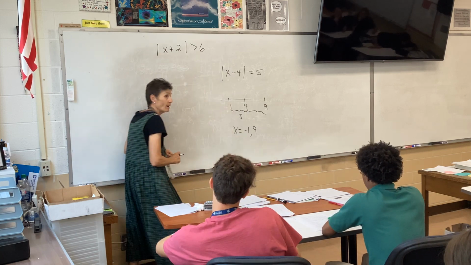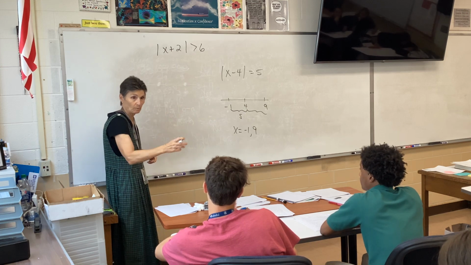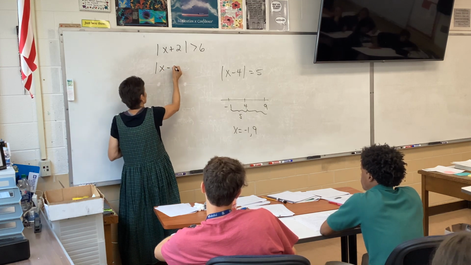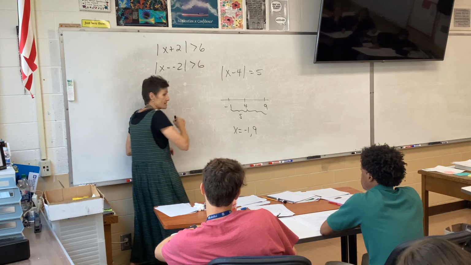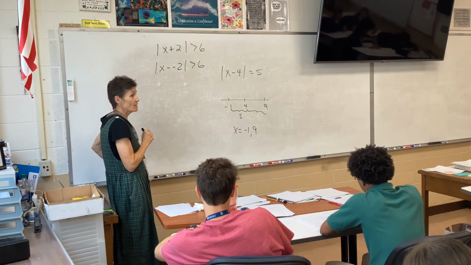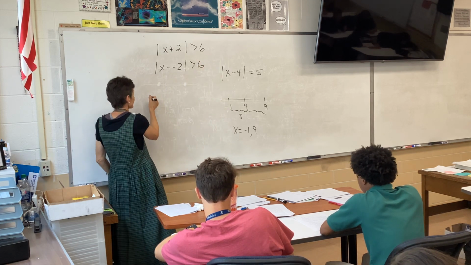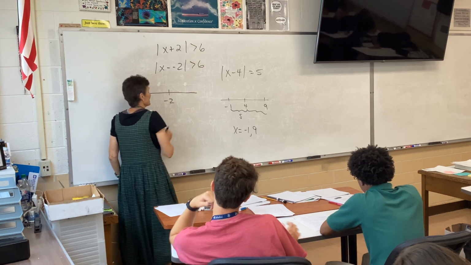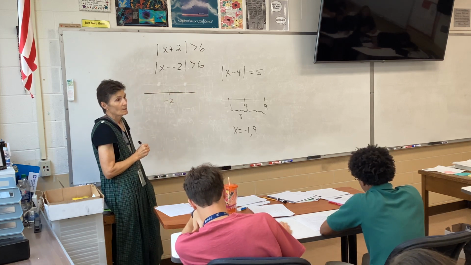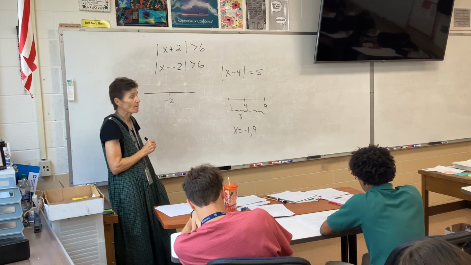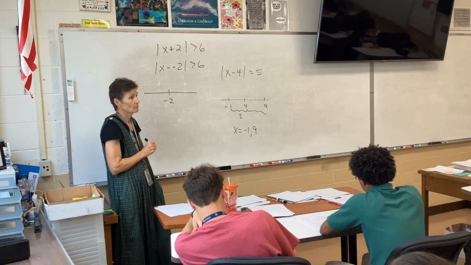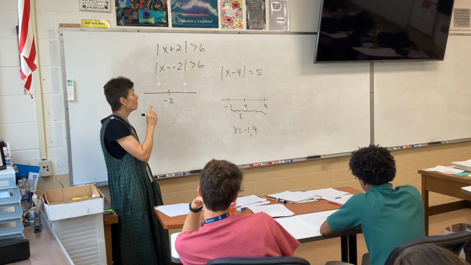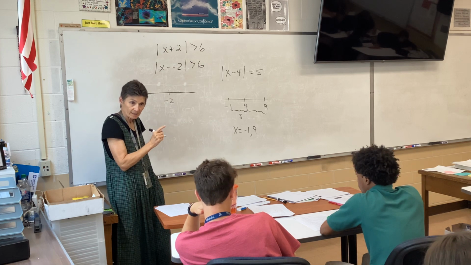Any idea how we get around that? It's a negative. It's a double negative. That's exactly right. So this says the distance between something and -2 is more than 6.